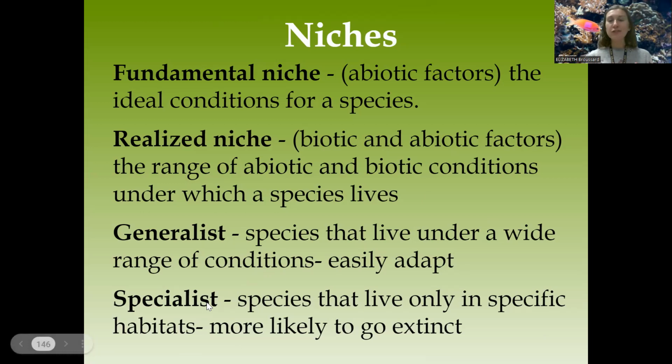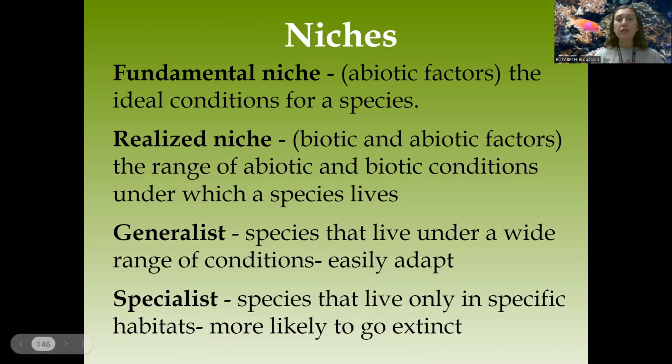In contrast, my specialist species are specialized, right? They only live in specific habitats. And so, especially when we're thinking about climate change, which we'll get to later this year, when my habitats are rapidly changing, when the temperatures and the availability of water and habitat size are changing rapidly, some species that are specialists, whose adaptations and traits are specific to one particular type of habitat, are more likely to go extinct if we're losing those habitats, because they're not able to continue living if their current habitat is being taken away.